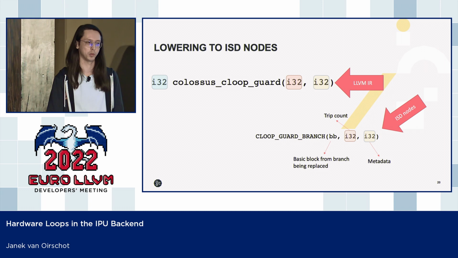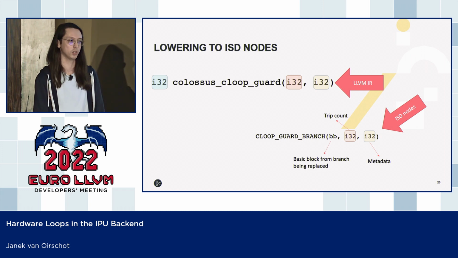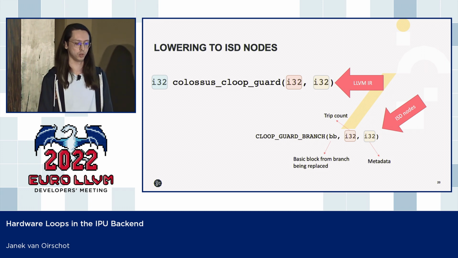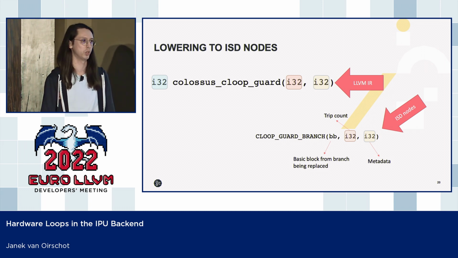Then comes ISel lowering, where we take in these intrinsics and emit ISD nodes. So the Colossus C loop guard intrinsic gets lowered basically one-to-one with the C loop guard branch ISD node. It does subsume some extra instructions that also do the branching and becomes its own branch ISD node.